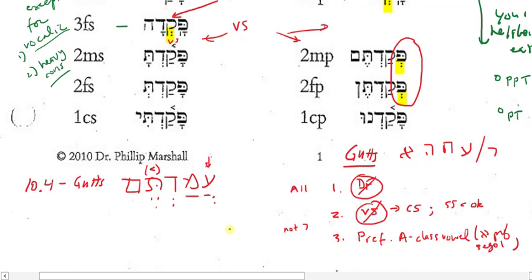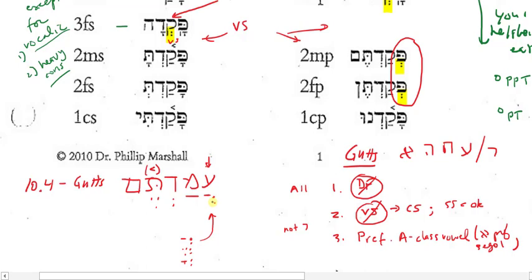What type of compound shava? Well, gutturals prefer A-class vowels, right? So I have 3 possible compound shavas available to me: the one with the pathak, the one with the segol, the one with the kametz katuf. The one with the pathak is the most likely one to find, because it's the A-class variety.